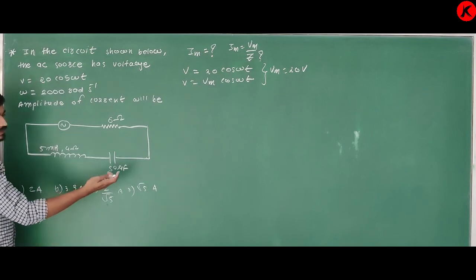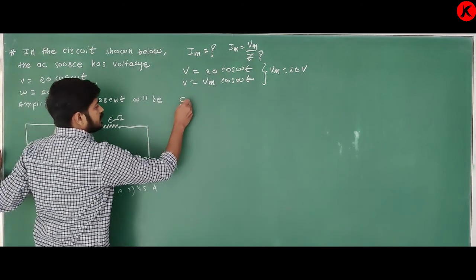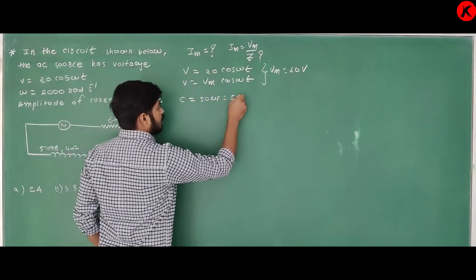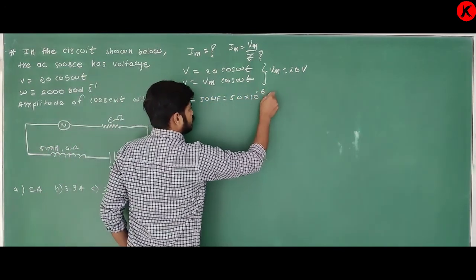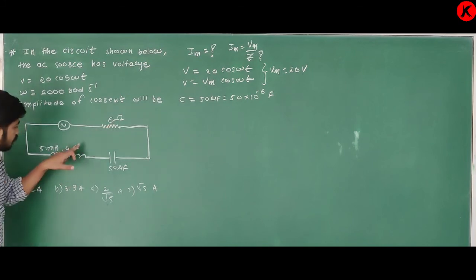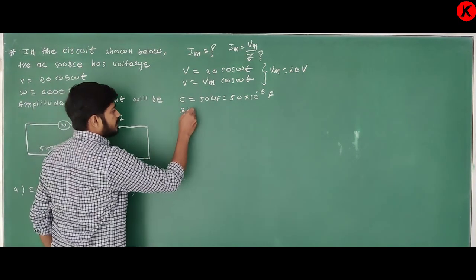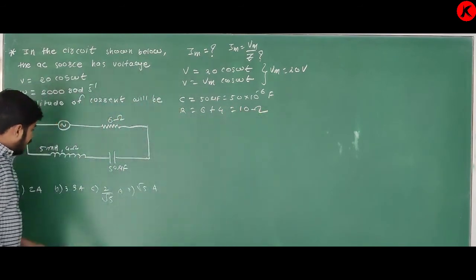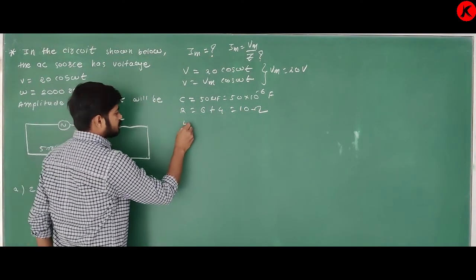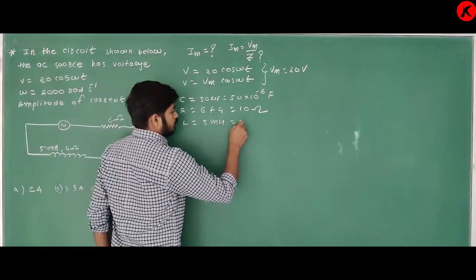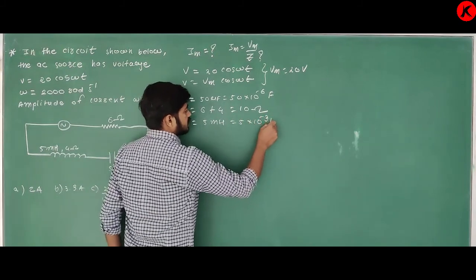C is simple: C is equal to 50 microfarad, which is 50 into 10 raised to minus 6 farad. The total resistance of the circuit is this 6 ohm plus this 4 ohm, so R is equal to 6 plus 4, which is 10 ohm. And this millihenry value is the inductance, so L is equal to 5 millihenry, which is 5 into 10 raised to minus 3 henry.